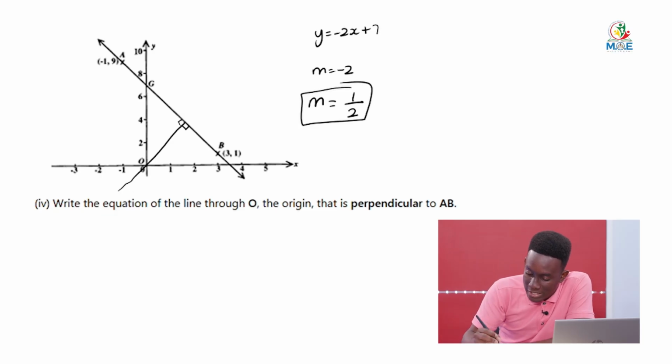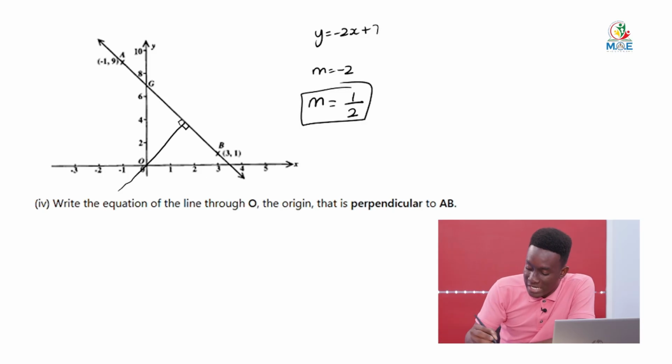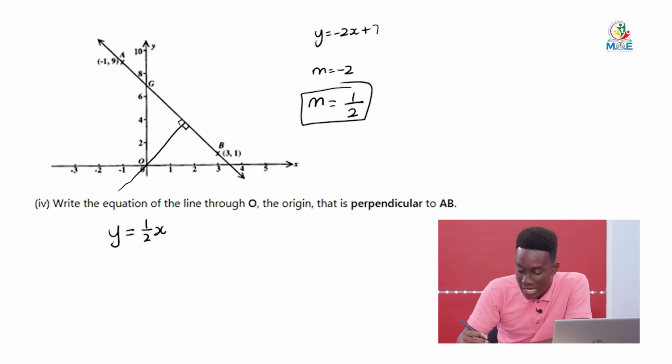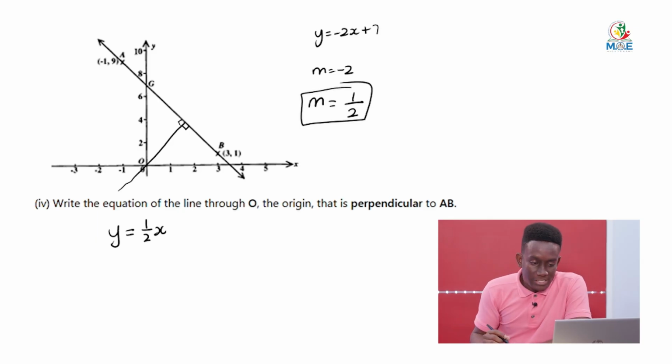It passes through the origin, so the y-intercept is 0. So the equation is y equals 1 over 2x plus 0, but we don't need to add the plus 0, so we can just say y equals half x, because it passes through the origin. And that is the equation of that line.